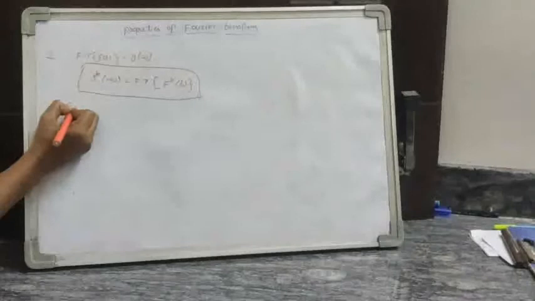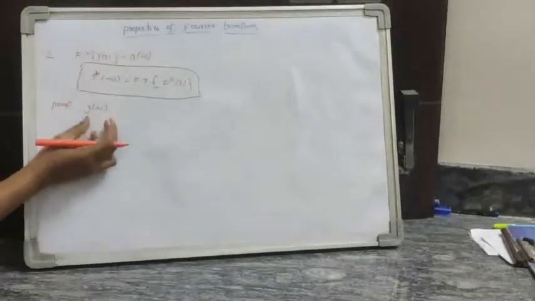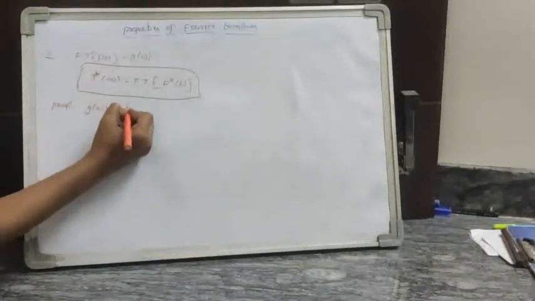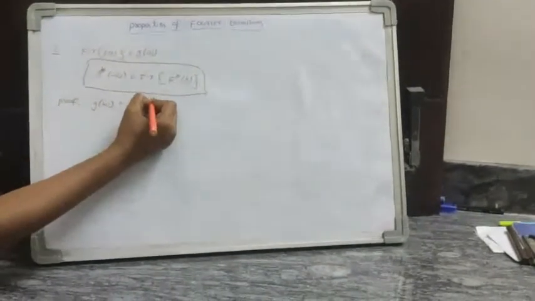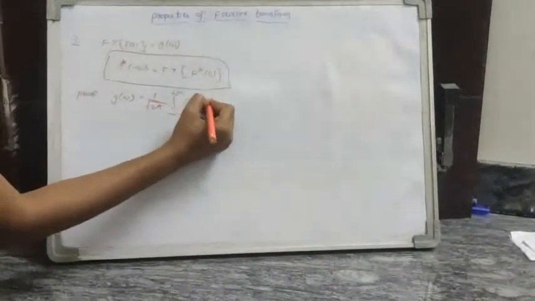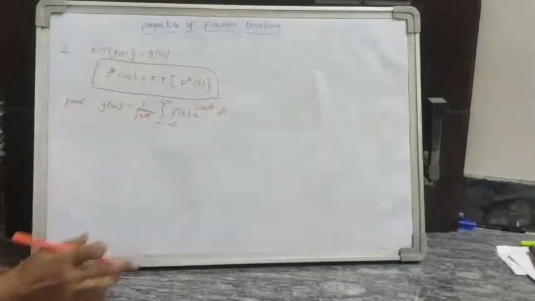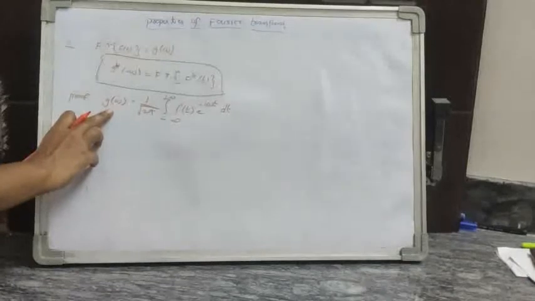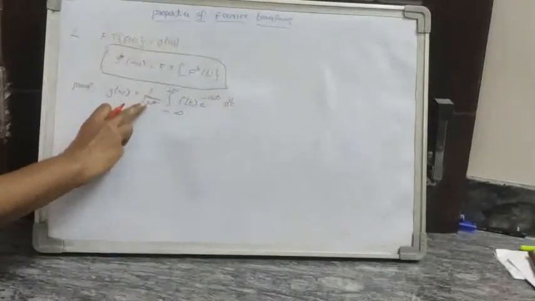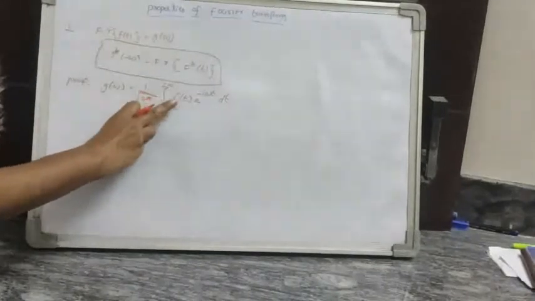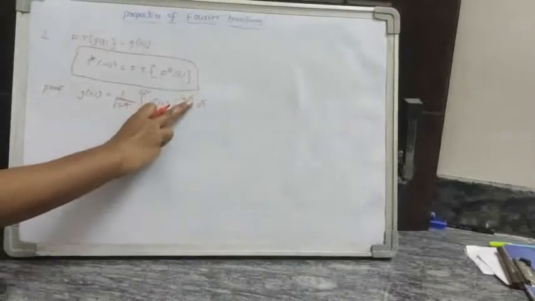To prove this, consider the Fourier transform of the function f of t, which is given by g of omega is equal to 1 by root 2 pi integral minus infinity to plus infinity f of t into e power minus i omega t into dt.